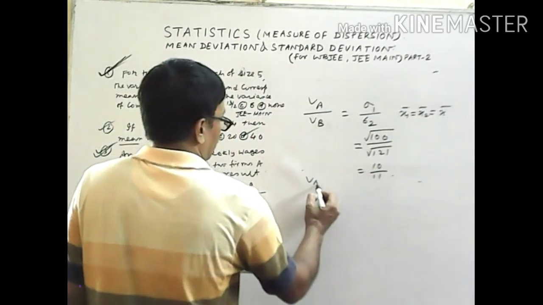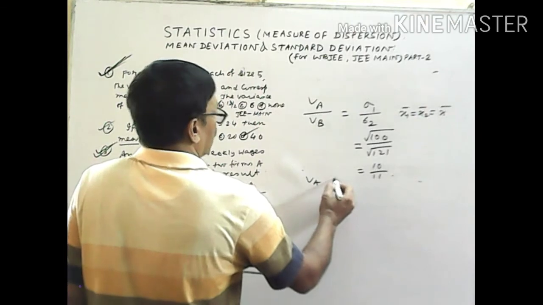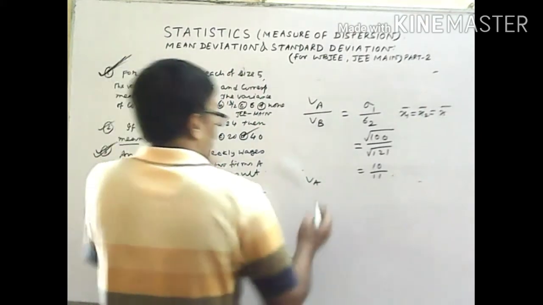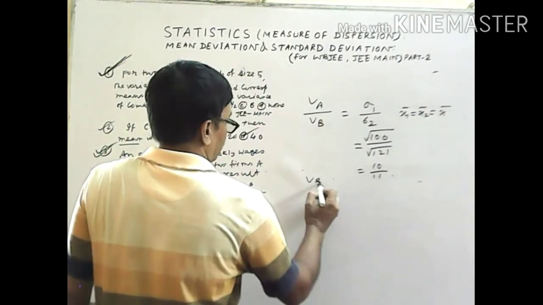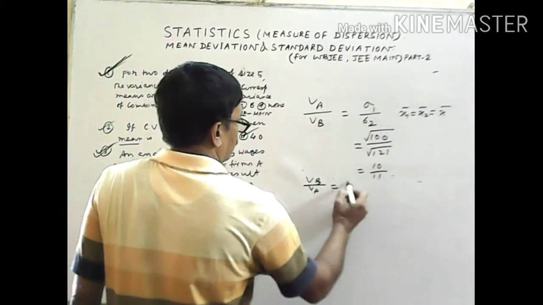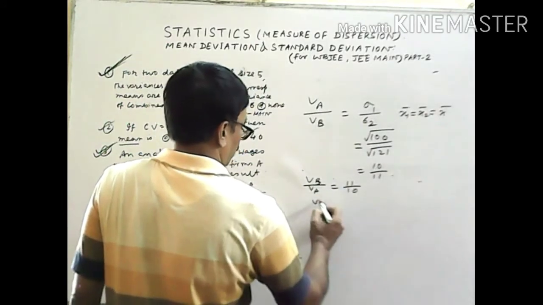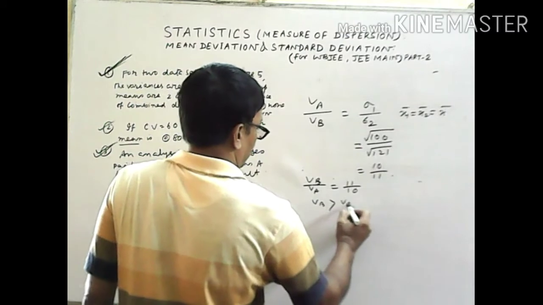So VB by VA equals 11 by 10. So VB is greater than VA.